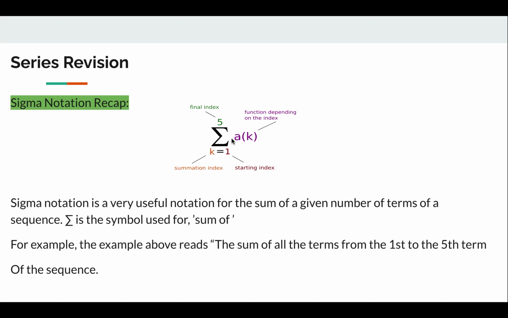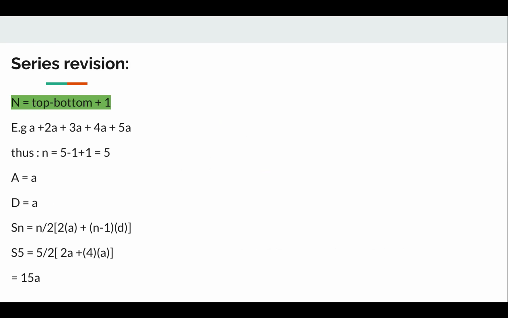If I wanted to work out, without writing out the terms themselves, how many terms I will have in this series over here, I will simply say the top number, which is 5, minus the bottom number, which is 1, plus 1. So 5 minus 1 plus 1 is 5. So there are 5 terms in this series. And I can double check by writing them out. A, 1, 2, 3, 4, 5, that is 5 terms.